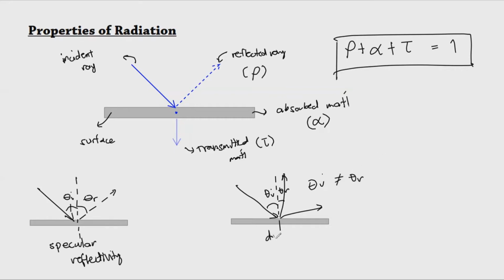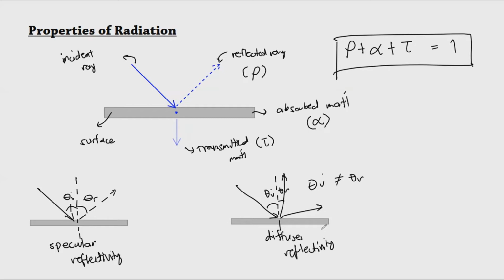So we call this the diffuse reflectivity. Having this diffuse reflectivity gives us an idea that the surface that is struck by the incident ray should probably not be smooth, but rough. So that's how it goes for the properties of radiation.